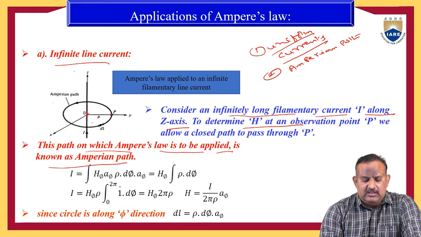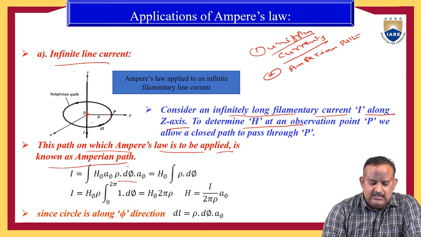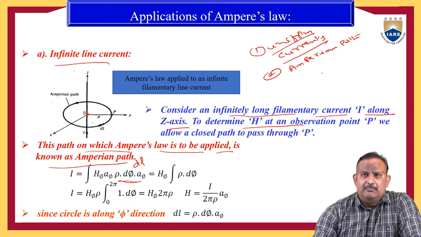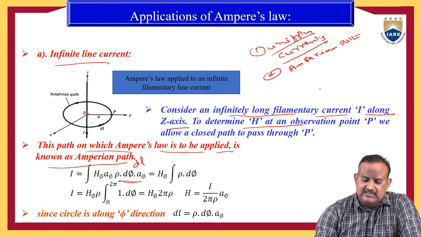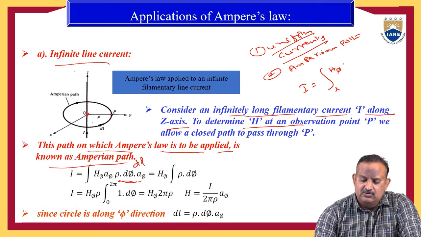Because it is a line integral, in place of this we can write dl. If you apply Ampere's circuit law to that particular Amperian circle, the current enclosed is equal to the line integral of H phi into A phi into dl.